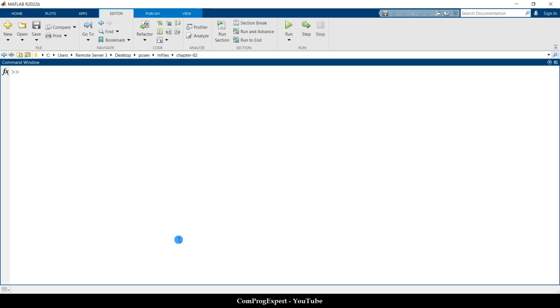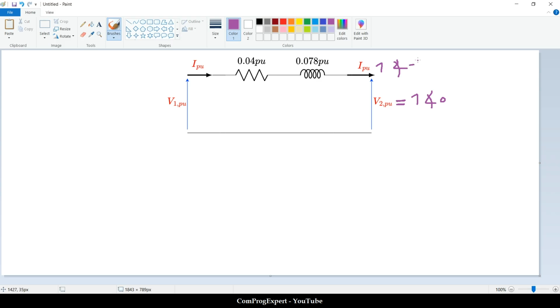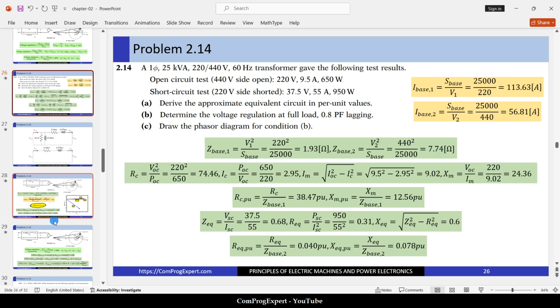So you know that 0.8 lagging is equal to 36.8. So negative 36.8. We can calculate V1 for the full load operation using this equation.